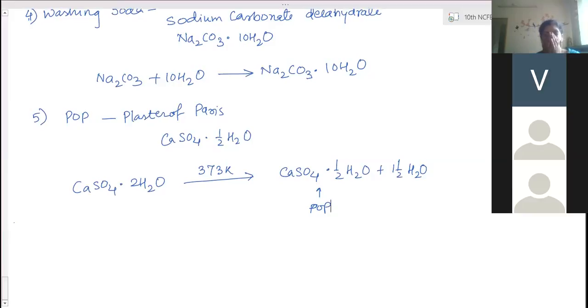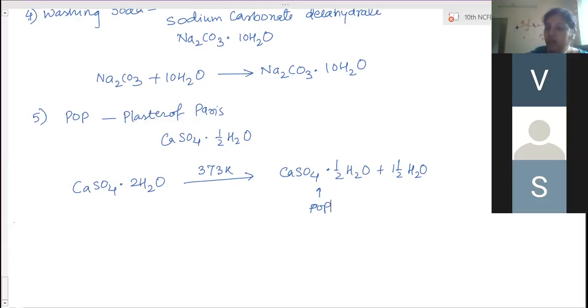Fixed number of water molecules present in one formula unit of a hydrated salt is called water of crystallization. Name the salts which consist of water of crystallization.